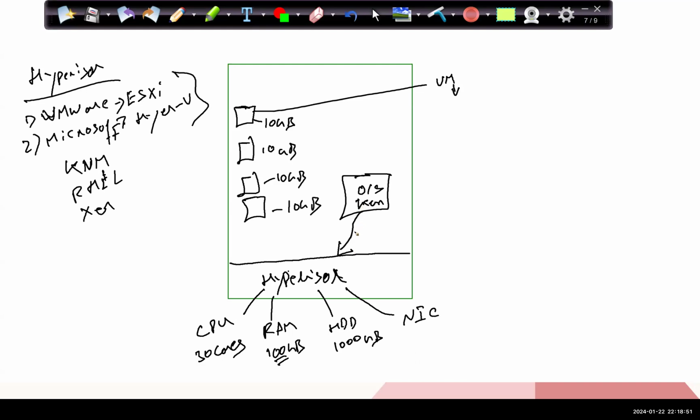Why is it not talking to the CPU directly? The reason is, the beauty of this hypervisor is, this hypervisor is going to present itself to the kernel of this VM as the hardware. It is just going to imitate. It's just like it is pretending to be the hardware. So it has got that ability.